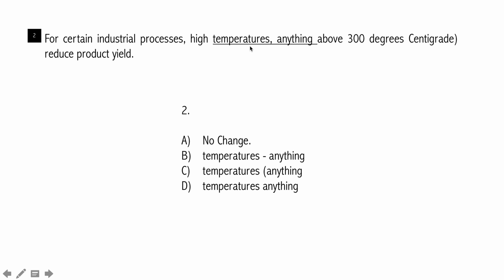A good rule of thumb to see if the bracket has been placed correctly is to read it without the parenthetical phrase, without the extra information. So: for certain industrial processes, high temperatures, we jump to over here, reduce product yield.